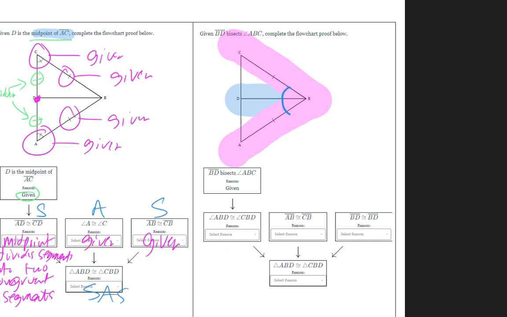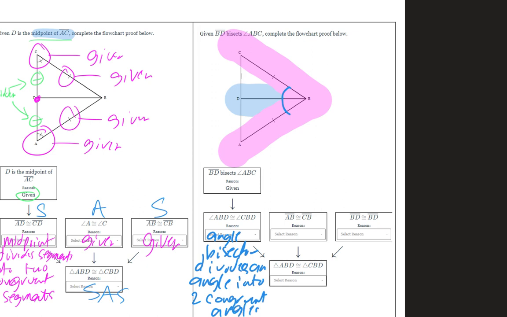Why are they congruent? Because an angle bisector divides an angle into two congruent angles. That's what an angle bisector does, right? We say bisector makes two congruent parts, two equal parts.